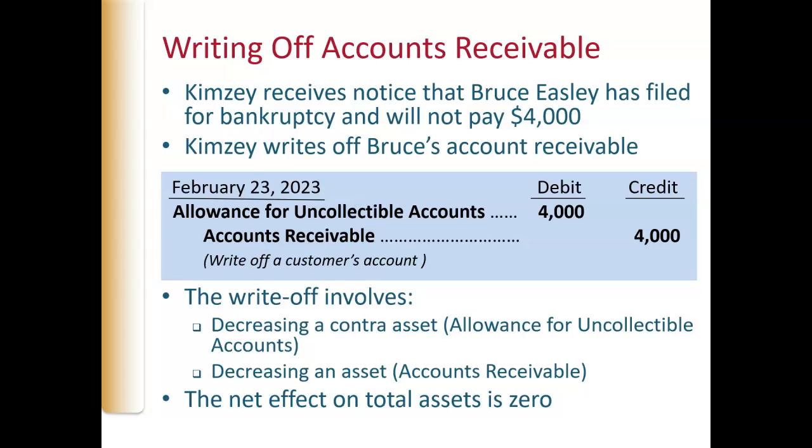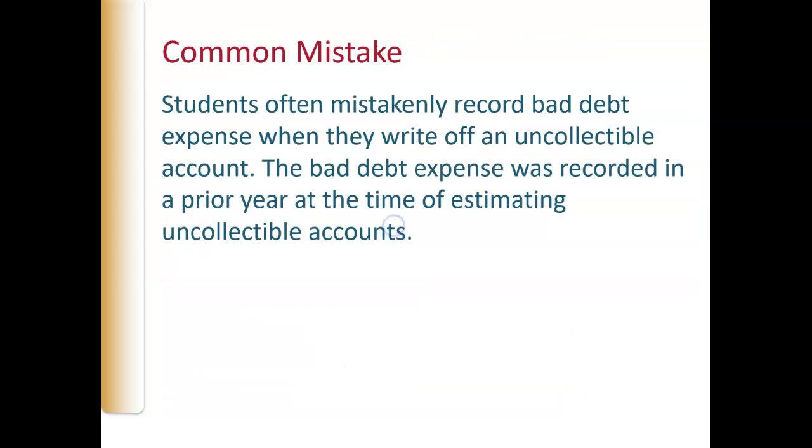So what we do is we decrease that contra asset account we set up, and we decrease his asset. But ultimately, because we have that accounts receivable along with that contra account, it's not going to change our net accounts receivable. It's just going to go from accounts receivable and get offset with the contra account.